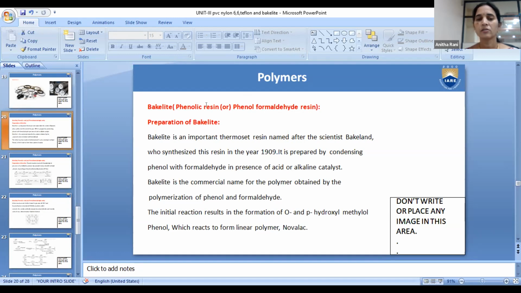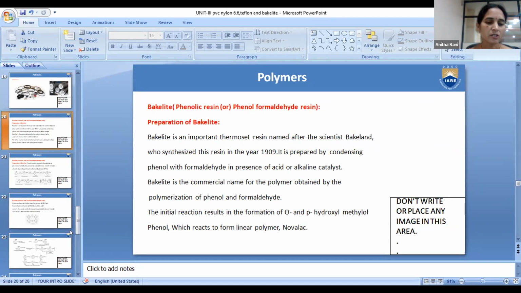Why we have given the name bakelite: because the scientist Baekeland synthesized this polymer, phenol formaldehyde resin. Bakelite is the commercial name for the polymer obtained by polymerization of phenol and formaldehyde.